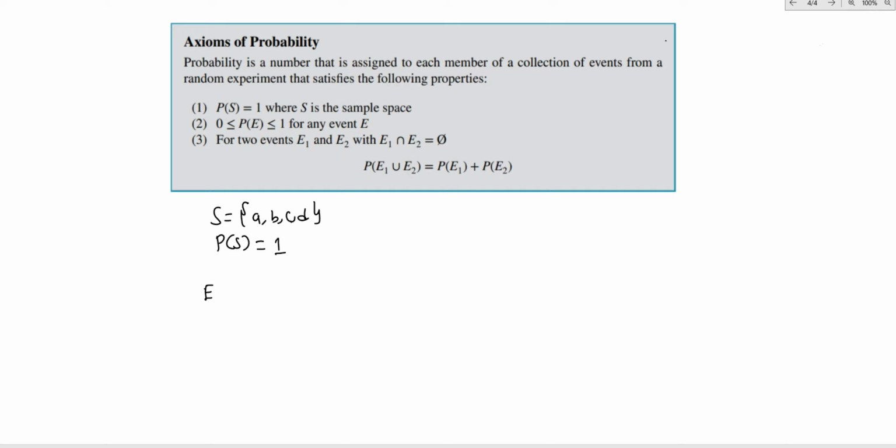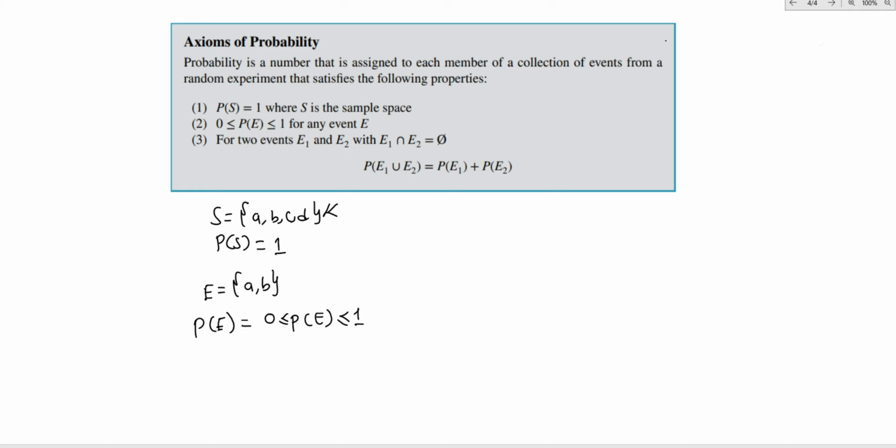So let's say from this sample space that we have here, we can have an event E, which will contain the outcomes A and then B. The probability of this event should be within this range. It should be greater than or equal to 0, and less than or equal to 1.